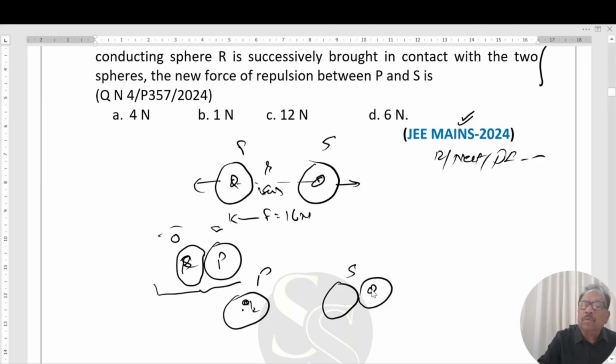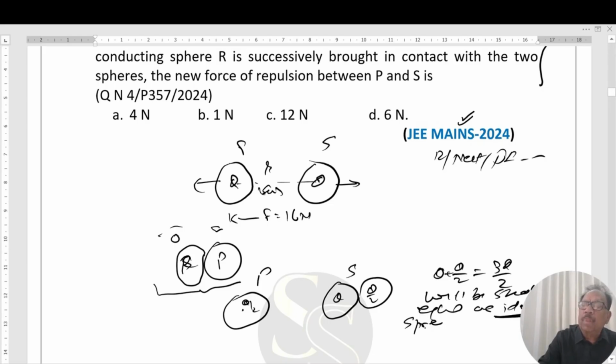This is Q by 2, this is Q. Q plus Q by 2, that is 3Q by 2, will be shared equally as the spheres are identical.